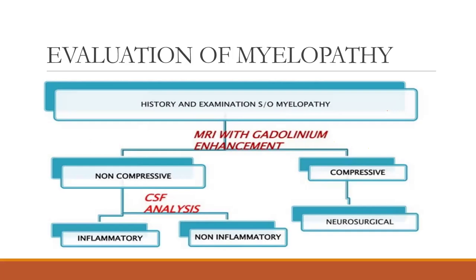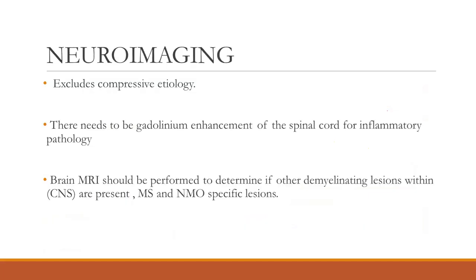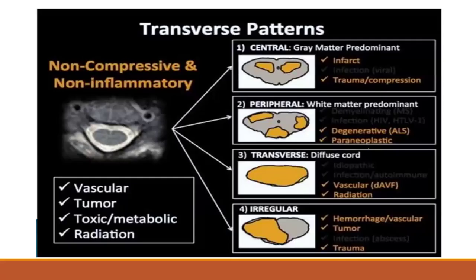If it is inflammatory, there is also associated pleocytosis, which helps us identify whether it's an inflammatory or non-inflammatory lesion. So as I said, the gadolinium enhancement is important. And in some cases, if there is multifocal involvement of the spinal cord, we can also do a brain MRI to see if there are other demyelinating lesions present in the CNS.